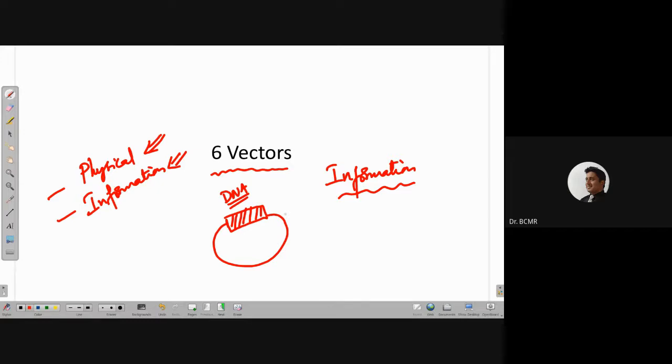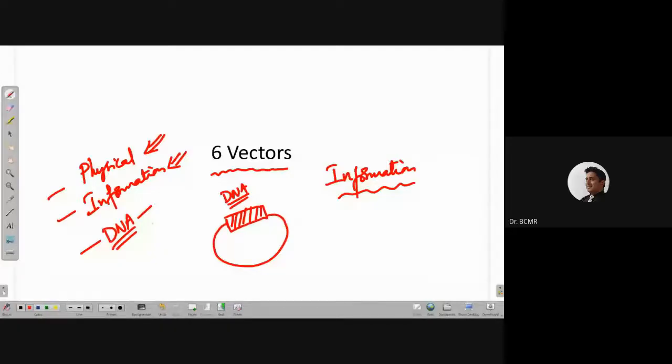There is only one molecule that we know of, the nucleic acids, DNA and RNA, that is a physical substance and has inheritable information.